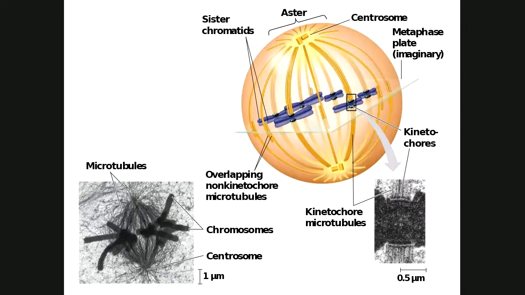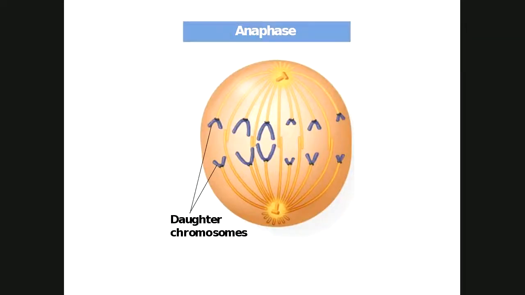There's metaphase. There's anaphase. And so we pull them apart at anaphase, and now we're back to calling them chromosomes again. The sister and the daughter. Sister in this context refers to when they're attached to one another, and daughter refers to when the copies are no longer attached. So during anaphase, what we say is sister chromatids separate.